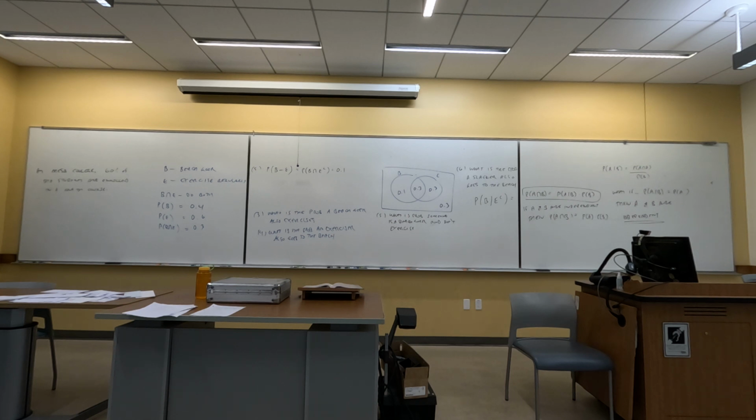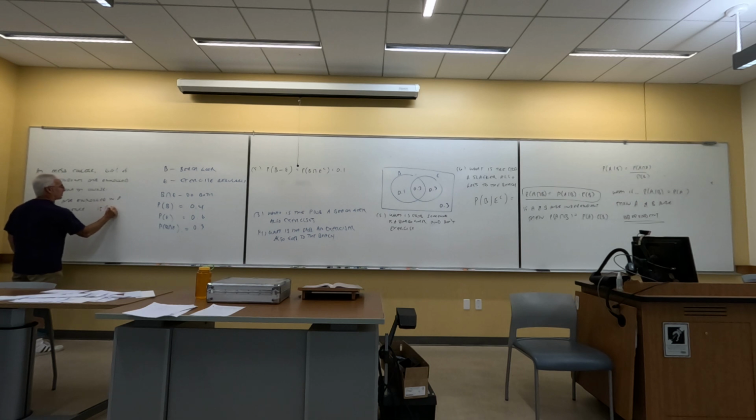We'll broaden it. Do you think it's going to be the same number of people or a lot less? Probably a lot less. Let's say 20% are enrolled in a lab science. That could be physics, that could be chemistry, and technically biology because there's a lab. And let's say that 15% are enrolled in both.